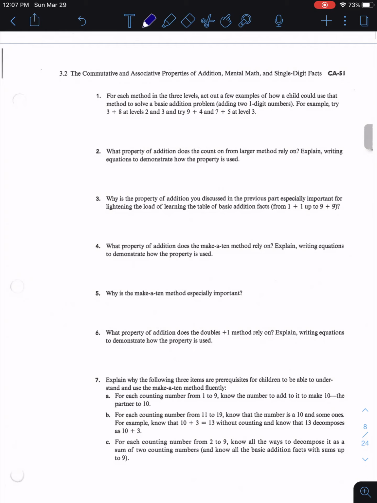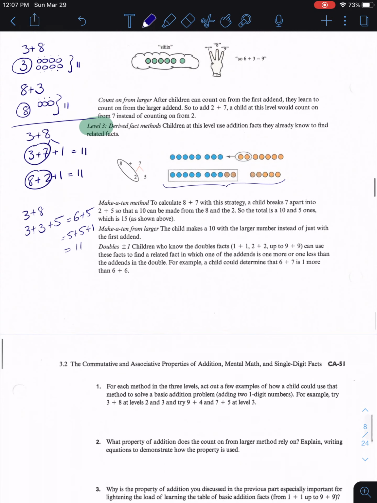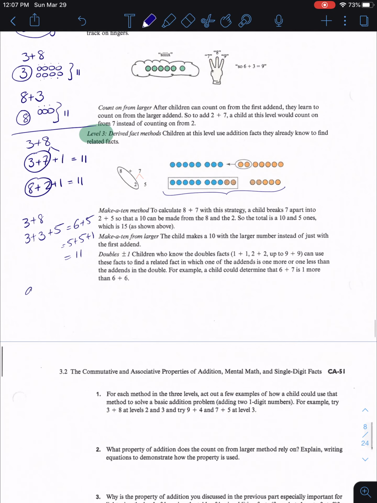So we did use 3 plus 8 in levels 2 and 3. Let's try 9 plus 4 and 7 plus 5. So 9 plus 4 and 7 plus 5. So the making a 10 method. We know that 9 plus 1 plus 3, we can break the 4 into 1 and 3, will give us 10 plus 3, or 13.